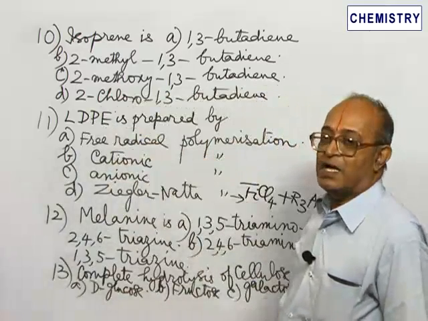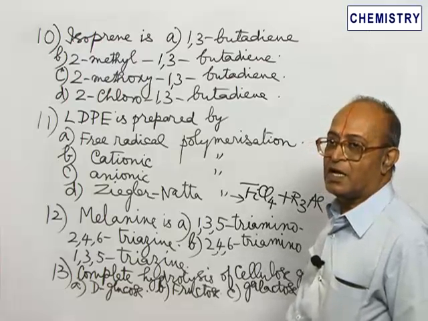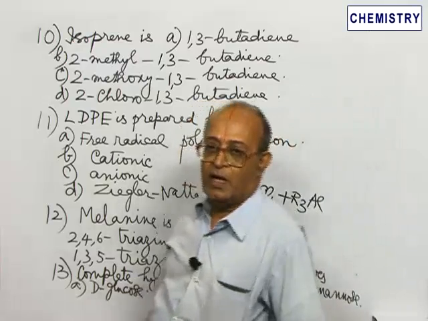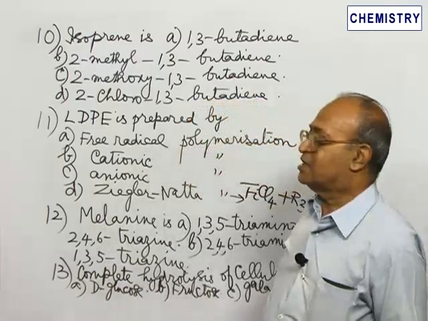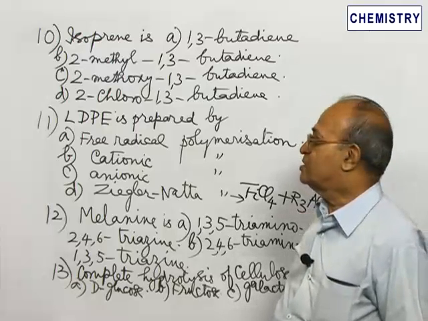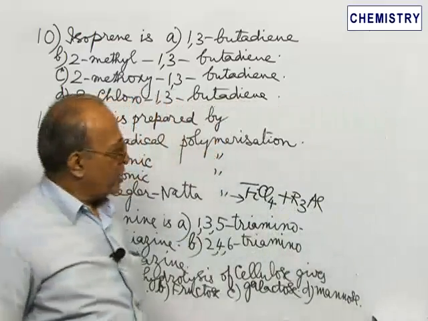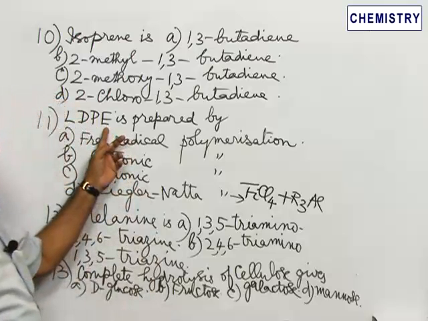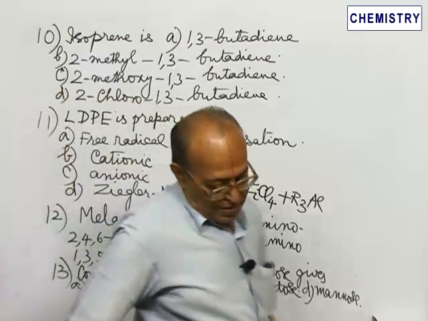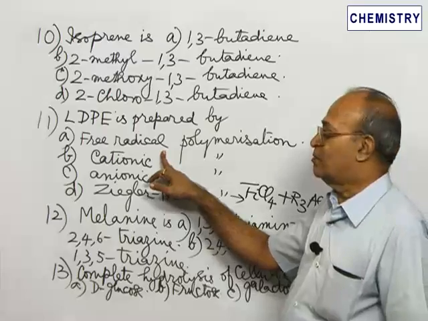Now, what is LDPE? Low density polyethylene. There are two types of polyethylene. One is low density LDPE and the other is HDPE, high density polyethylene. But the production of LDPE, this takes place in the form of free radical mechanism.